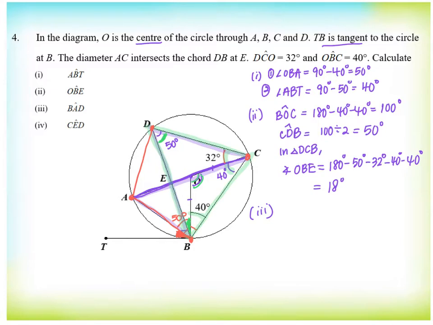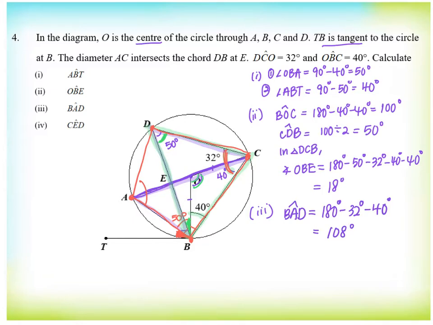That means this will be a cyclic quadrilateral. If we have a cyclic quadrilateral, the angles in the opposite segment add up to 180 degrees. So therefore, angle BAD will be 180 minus 32 minus 40 to give me the answer 108 degrees.